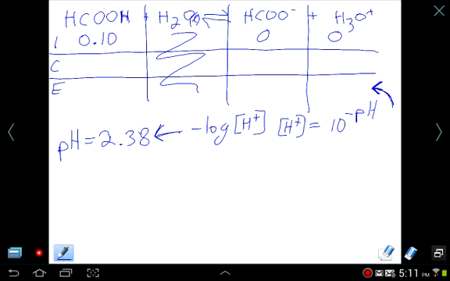Remember, H+ is the same as H3O+. So this will give us how much there is of hydronium ion in equilibrium. So pH is connected to this portion of the equilibrium.